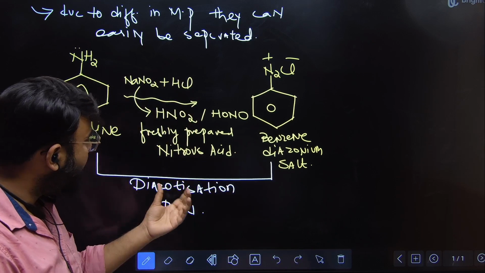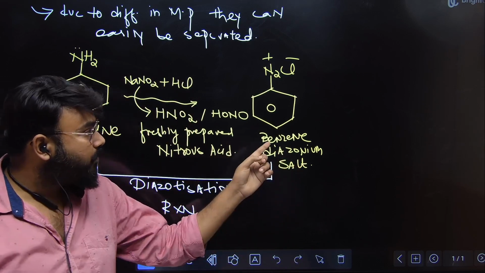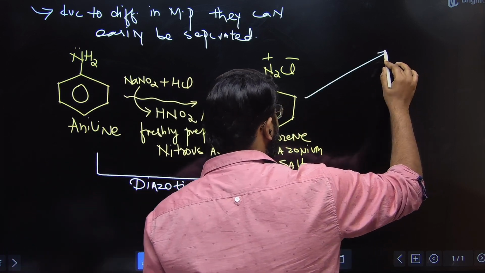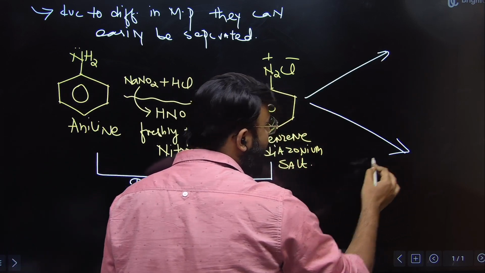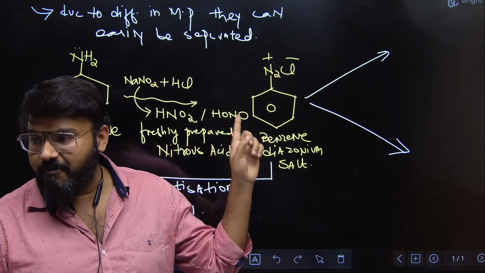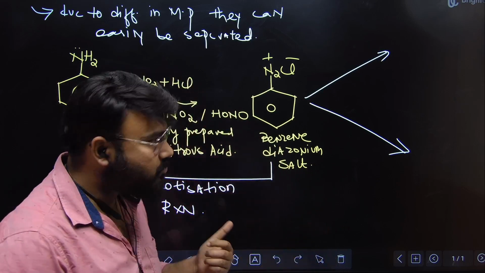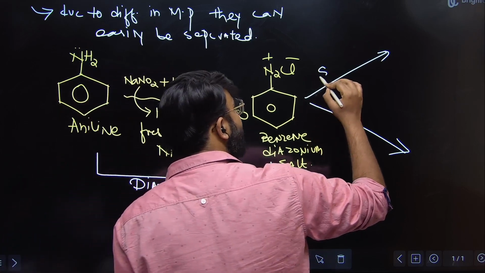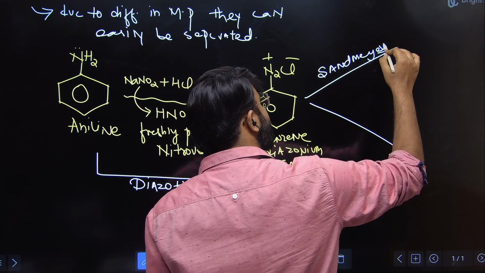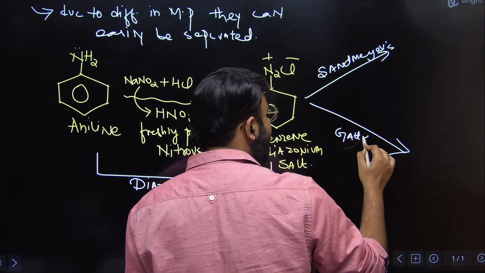Now, why did I tell you this reaction? Because from diazotization, you will be studying in the next class two reactions from where we prepare haloarenes. What are those two reactions? It will be Sandmeyer's reaction, a name reaction, and you will study Gattermann reaction.